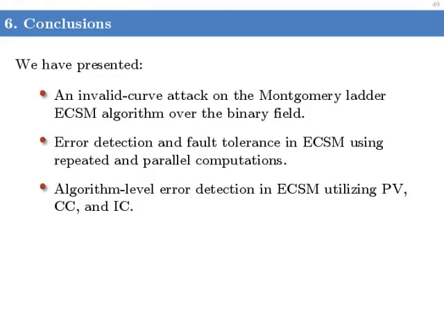Because this 28% assumes that if we use the right to left version, we cannot use mixed coordinates. If you don't use mixed coordinates, the group formulas that we need to use are more costly in terms of finite field computations. That's why this right to left version in projective costs more than 28%.